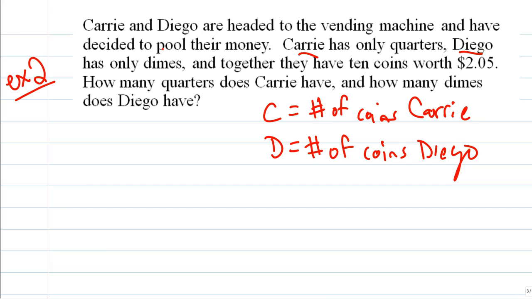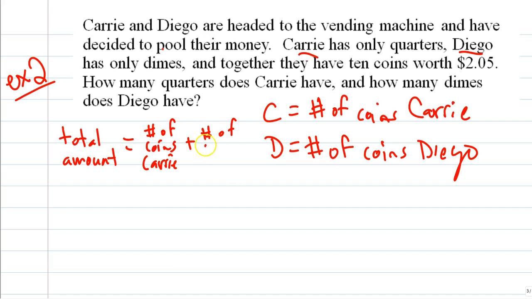A couple different ways that we're going to solve this. We need to be able to set up a couple different formulas. We have total amount, and what that'll be is basically the amount of Carrie's plus the amount of Diego's. So basically, the number of coins for Carrie plus the number of coins for Diego.